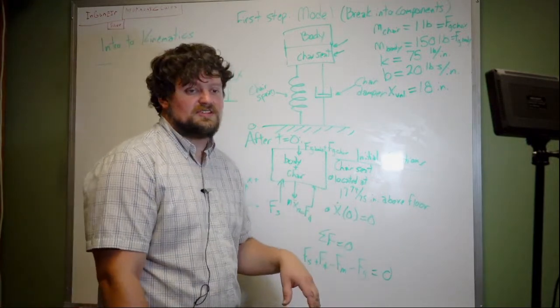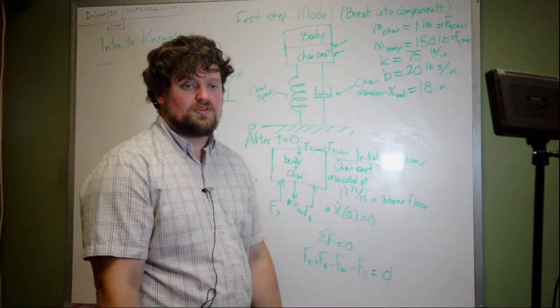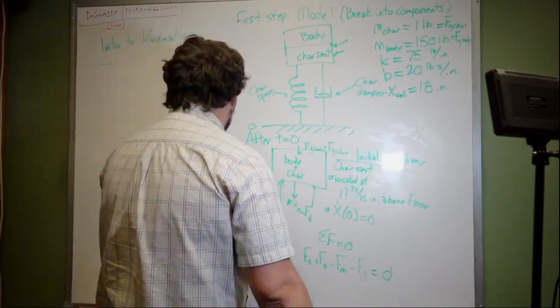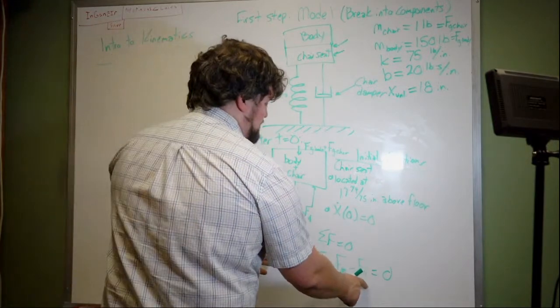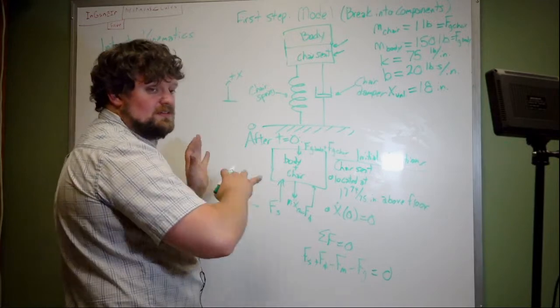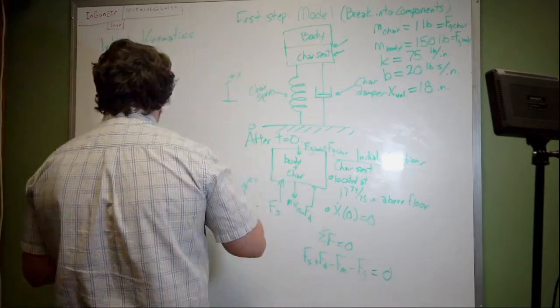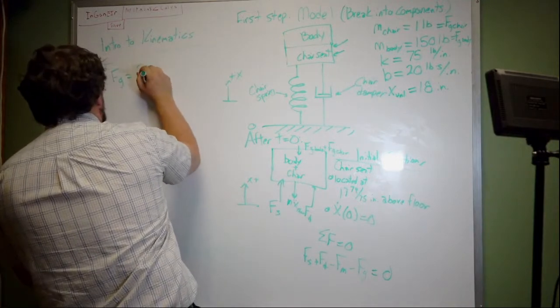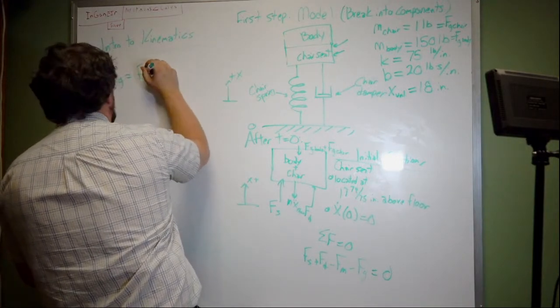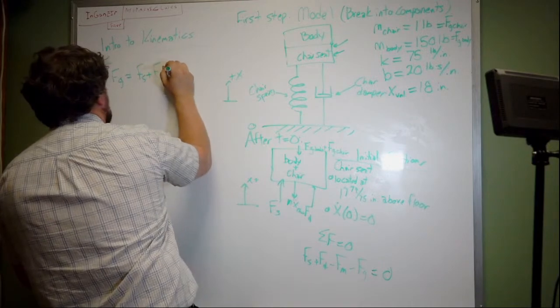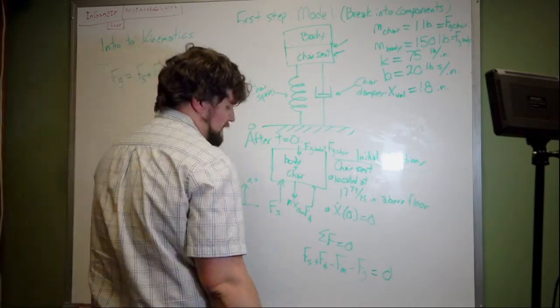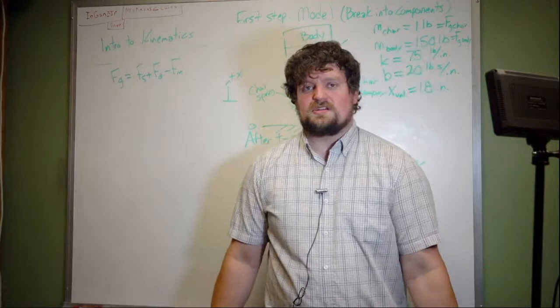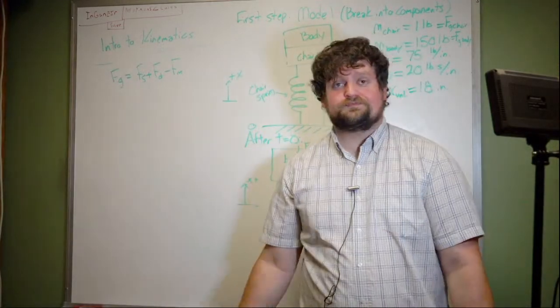In our case, Fg is always going to serve as a part of the forcing function for our equations. So I'm going to set this as the forcing function on one side, every other piece on the other side. We have Fg is equal to Fs plus Fd minus Fm. So we're starting off with our equation, there we go.